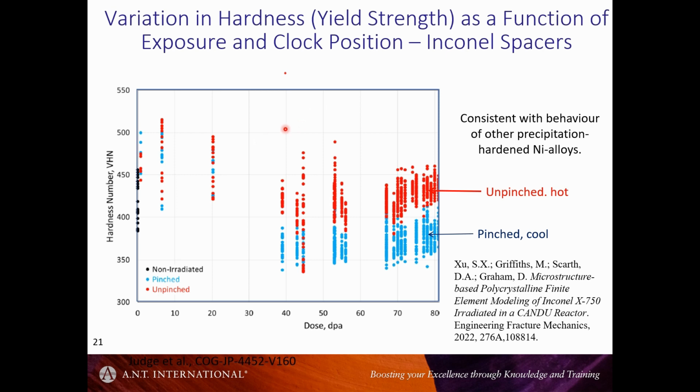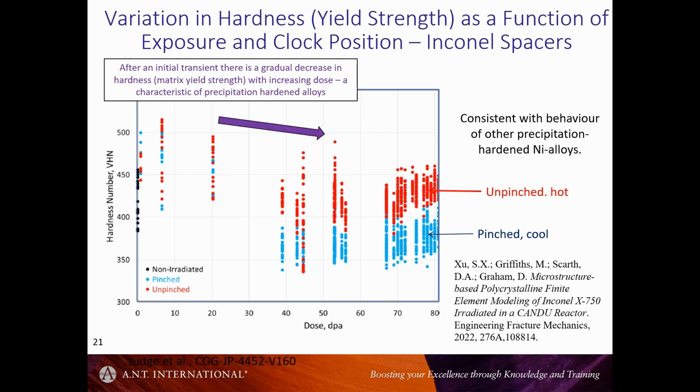That was the last example, in fact, and this just shows hardness as a function of dose for two temperatures. I'll call it hot and not hot in this particular case, and you got the same kind of results as with the 718. Basically, there's more softening at a lower temperature. So after an initial transient, there is a gradual decrease in hardness.